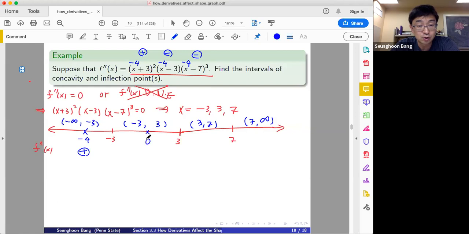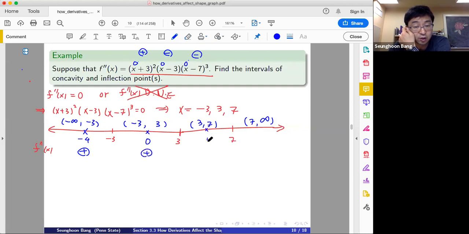You can choose 0 and plug 0 into x. 0 plus 3 is positive, 0 minus 3 is negative, 0 minus 7 is also negative, and negative times negative is positive.